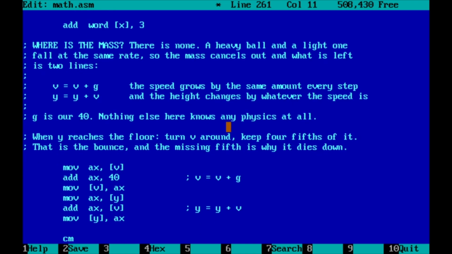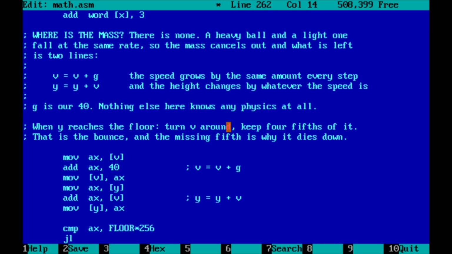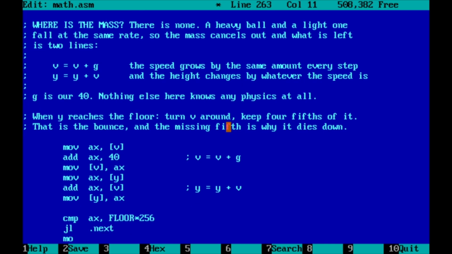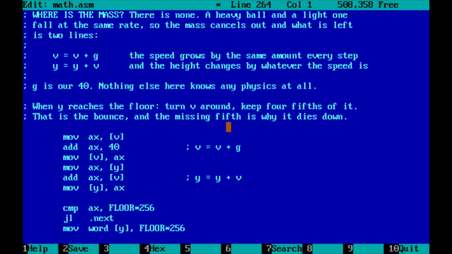The floor, and one number worth stopping on. 8.8 in a signed word runs out at 127 pixels, because 128 times 256 is 32,768, which is negative. You buy the fraction with range, and you have to know where the edge is.